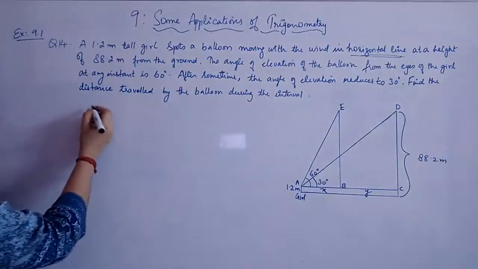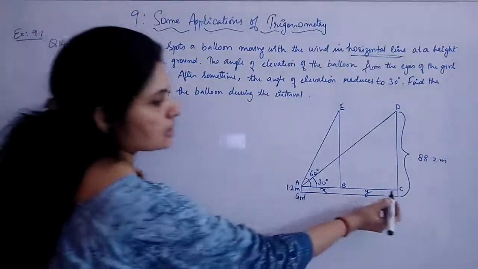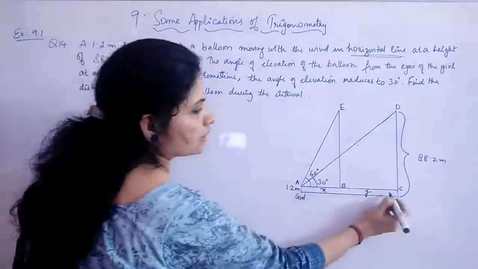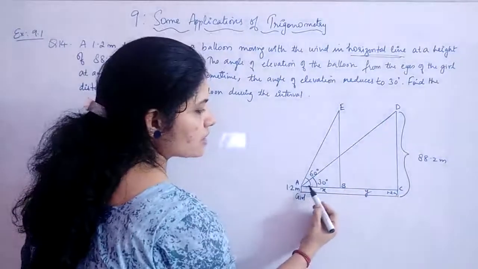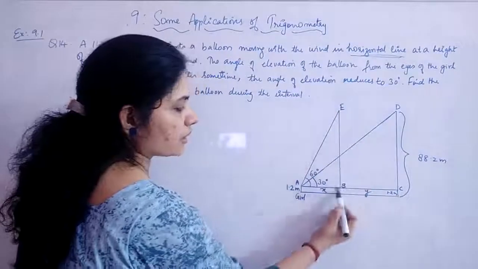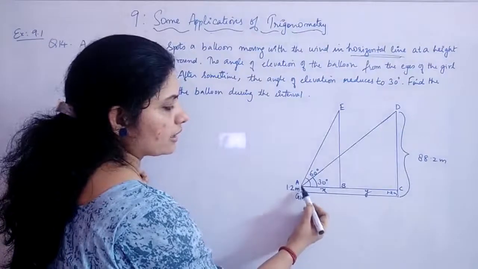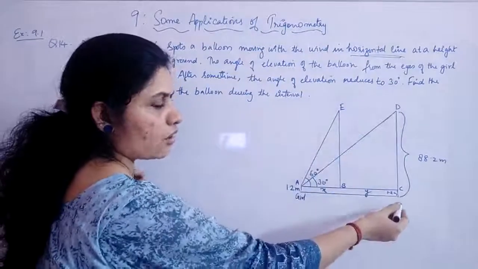Again, this much is the height of the girl, so it is 1.2 meters. When we consider the triangle, we are considering from this point, right? So we have to neglect this value from the total height of the balloon.